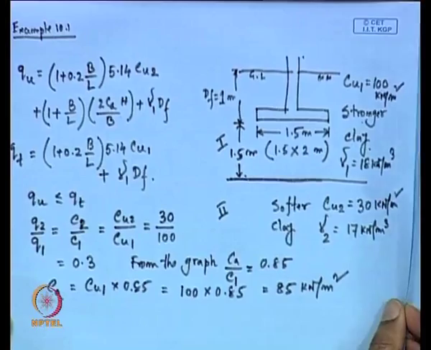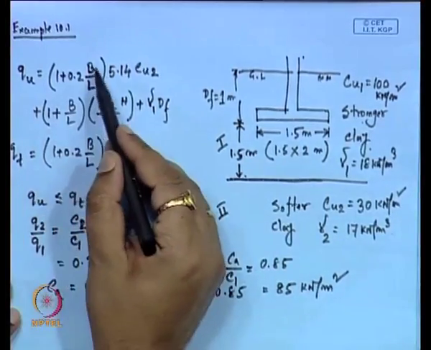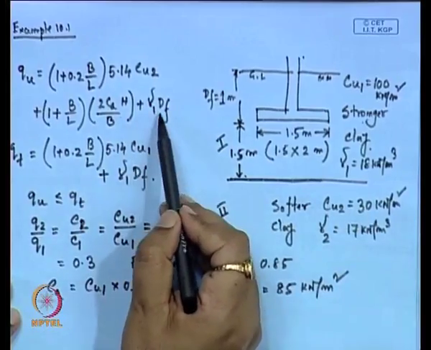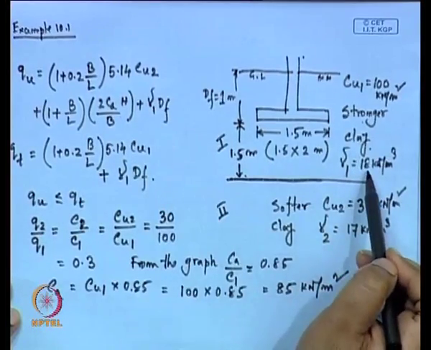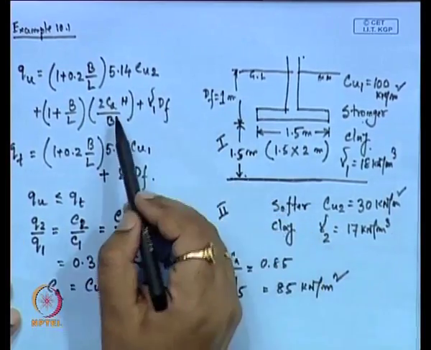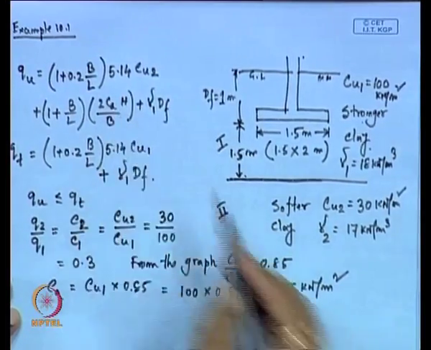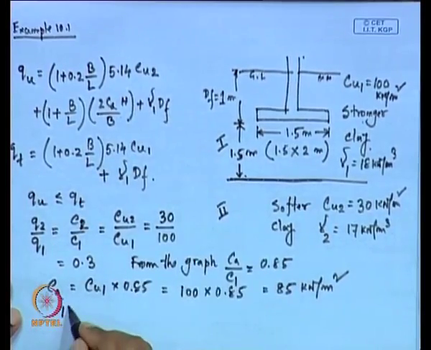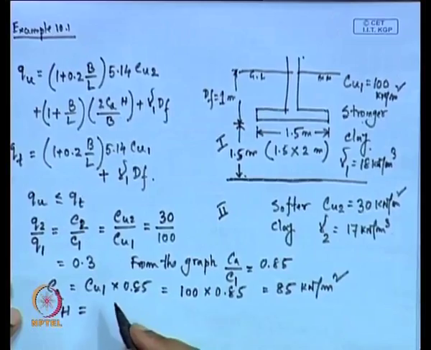Now, from this expression we know B, L, so Cu2 is 30, gamma 1 is 18 kilonewton per meter cube, Df is 1 meter, and Ca you have calculated as 85, and the H value is 1.5.